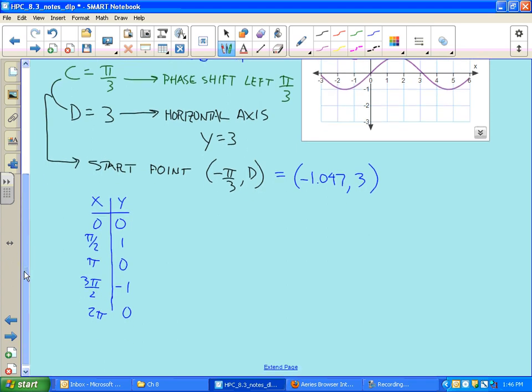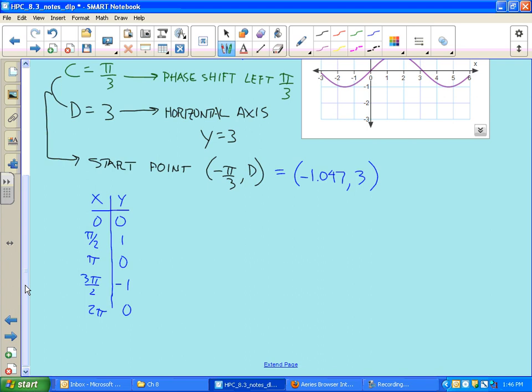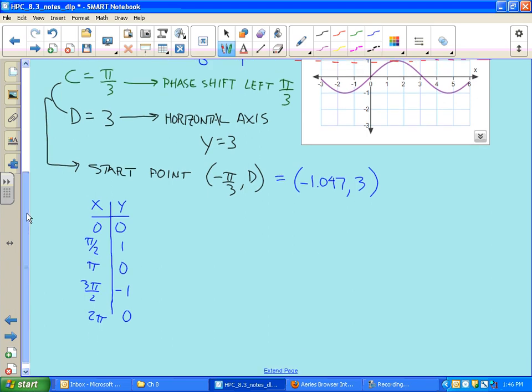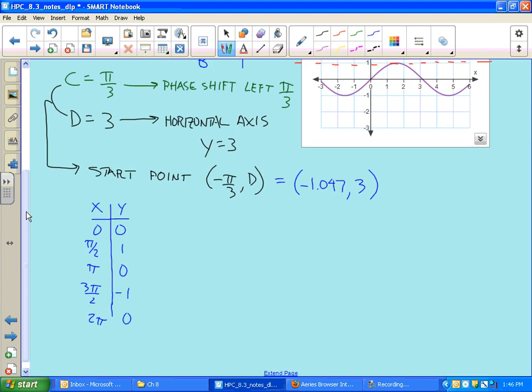So we're going to do the same thing, except in this graph, we're starting at negative 1.047 or negative pi over 3. So if we're thinking about a table, we're starting here. We want to think about it decimal-wise, we're starting here. So what's the first quarter from negative pi over 3?